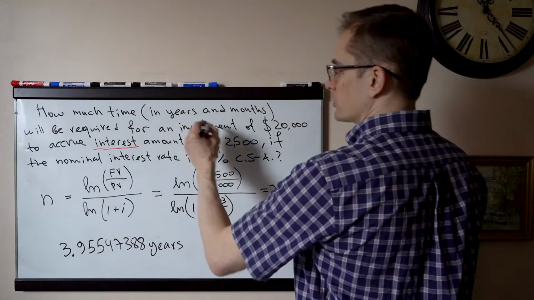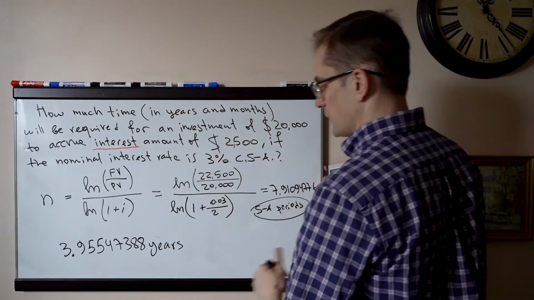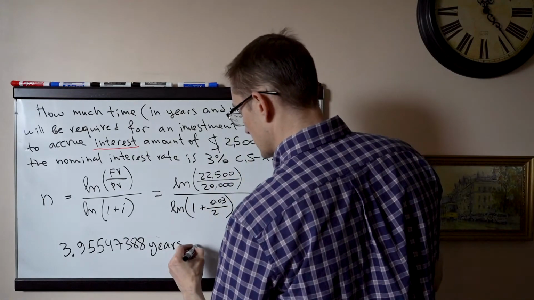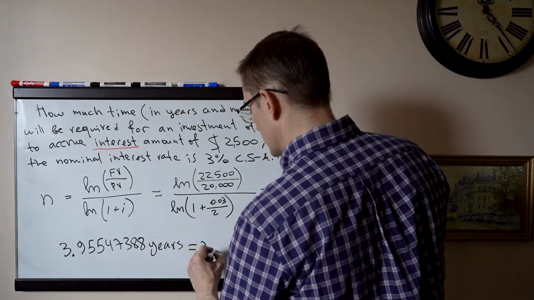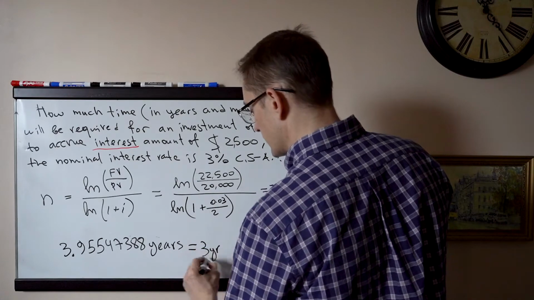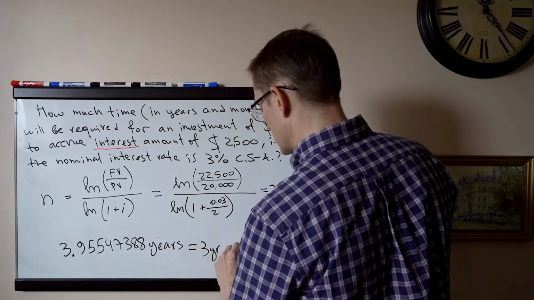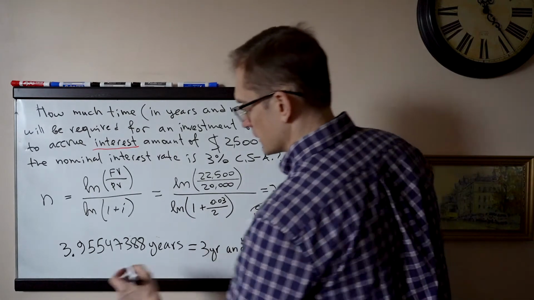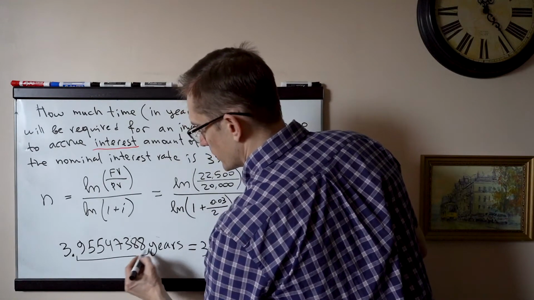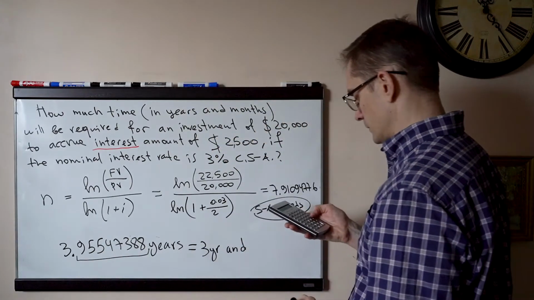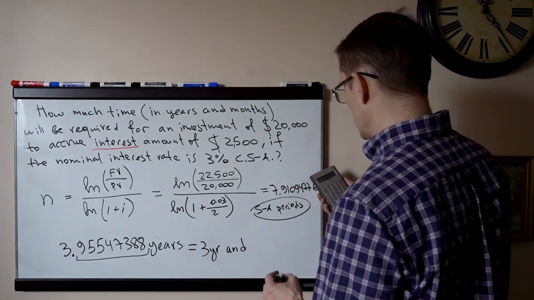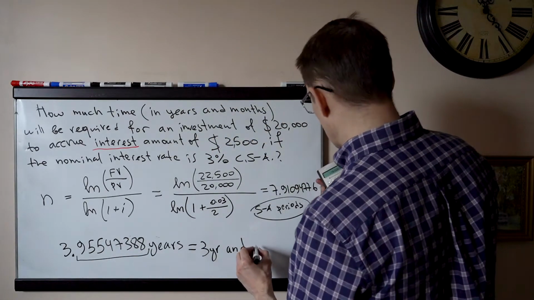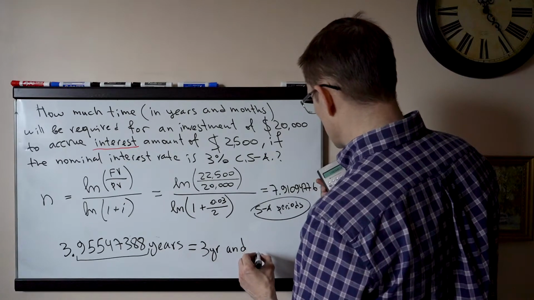So the answer should be stated in years and months, which is 3 years, and so we now take this fractional part and multiply by 12. And we obtain 11.47 months.